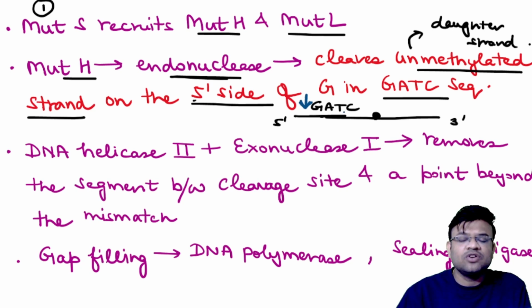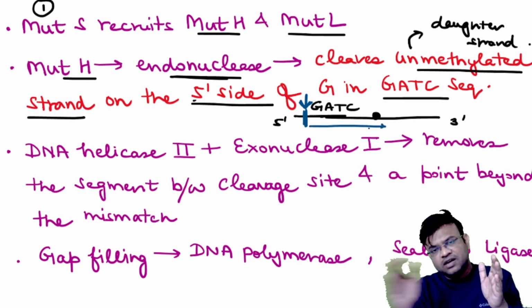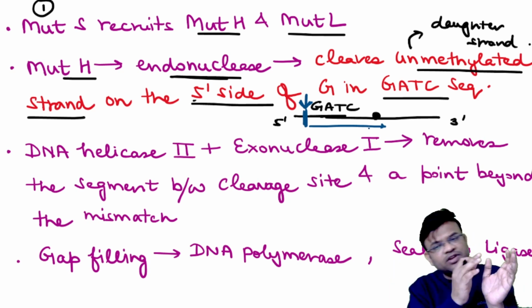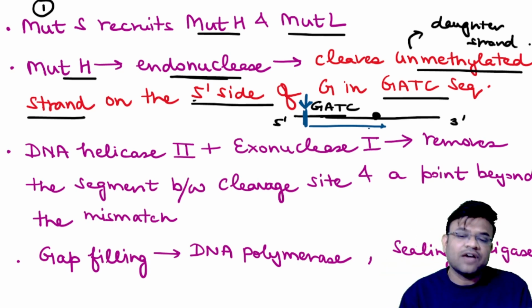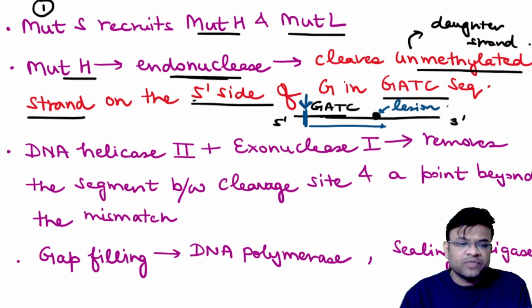So it will be cleaving over here. The strand will be cleaved from here till here. Of course, a greater region that also has the lesion will be removed. This is the problematic area. So it cleaves the unmethylated strand on the 5' side of G in the GATC sequence.